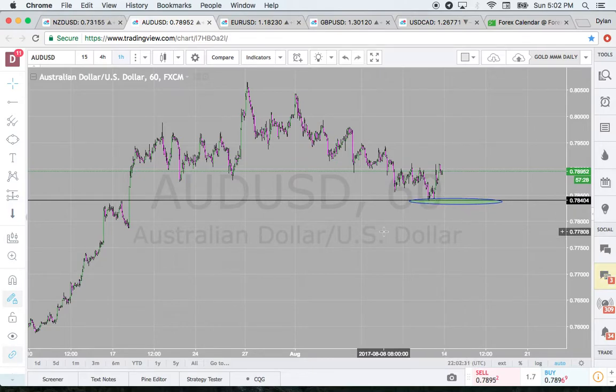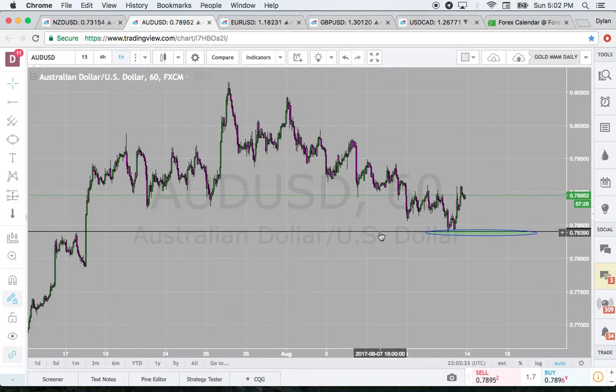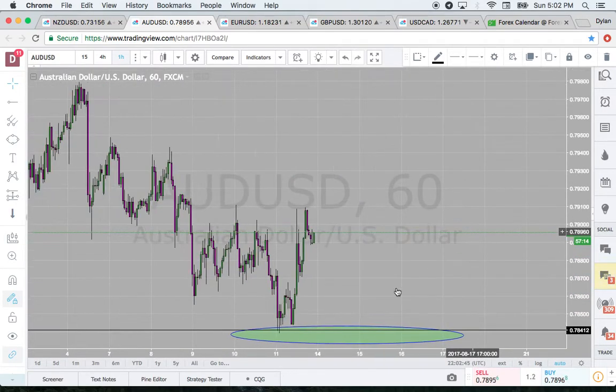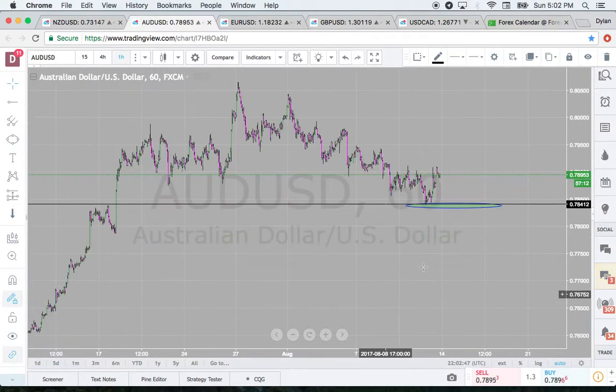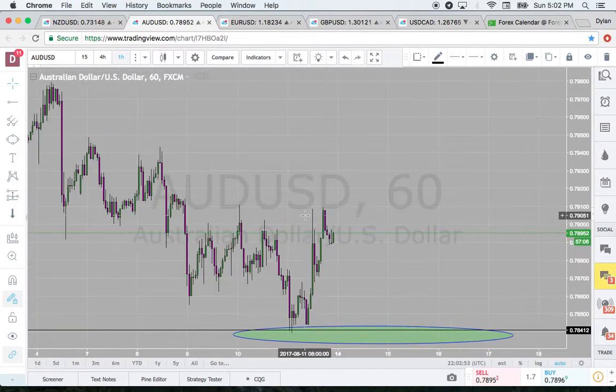So there's definitely going to be liquidity in this area, correct? At the break of this 0.785 area, there's obviously lots of liquidity, whether it be sell stops or buy limit orders.